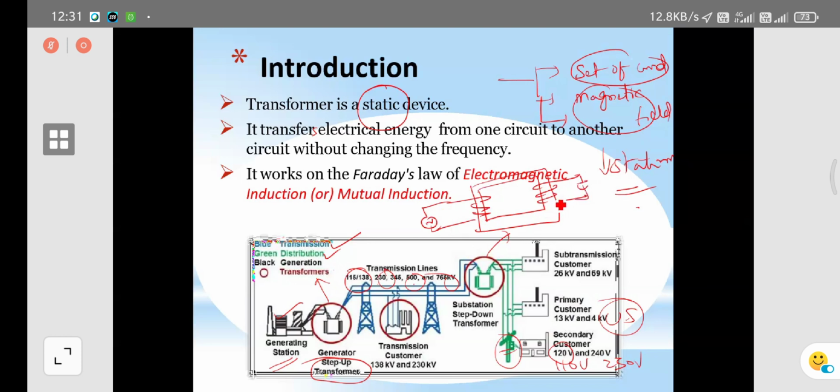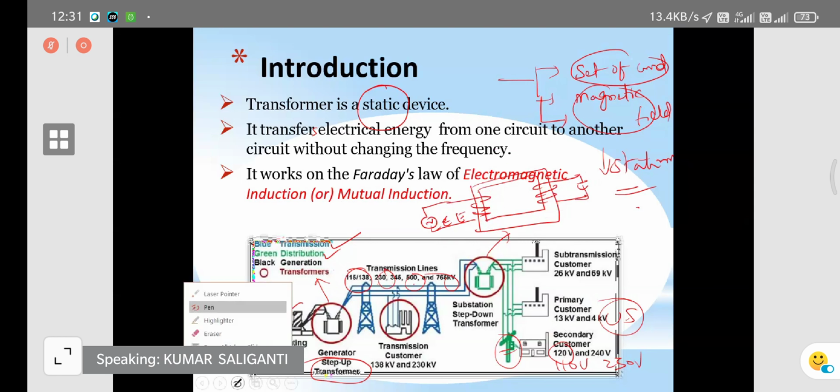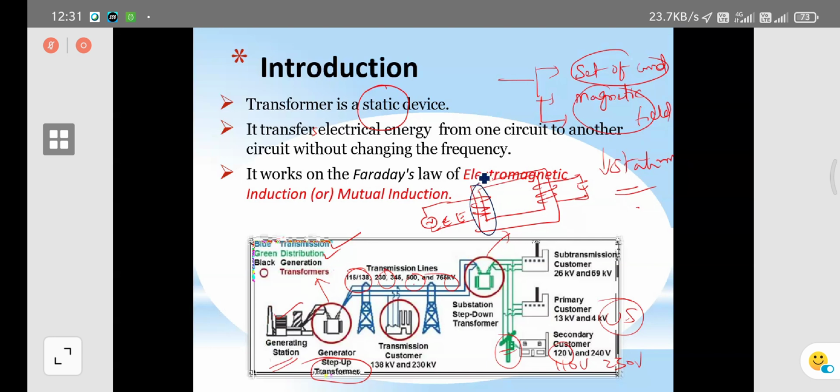So it transfers electrical energy from one circuit to another circuit without changing frequency, that is, with constant frequency. It transfers electrical energy from one circuit to another through the medium of magnetic field.